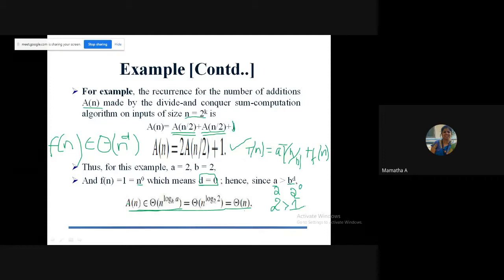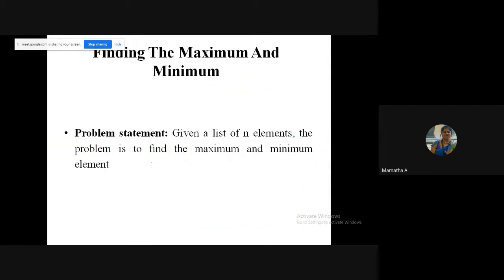It showed me that the order of growth is linear. Okay. So you can take this equation and try to find out how many additions are made. Fine. That's about the number of additions made to compute the sum of n numbers.